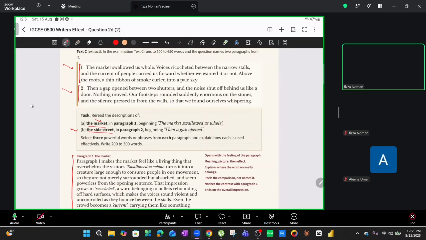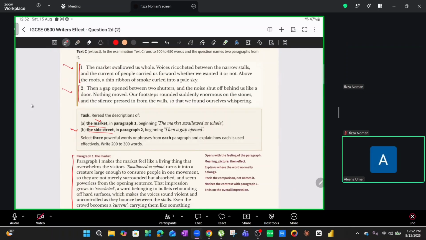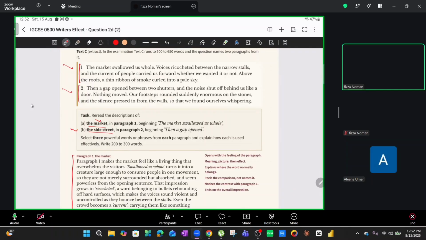Okay, first tell me, Alina, can you figure out the main keywords? The first should be ricocheted, and the second curled. Oh, a thin ribbon of smoke curled into the pale sky.